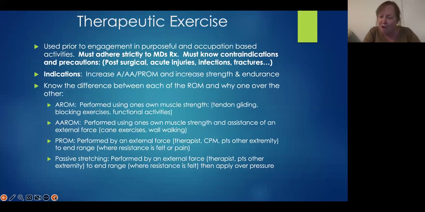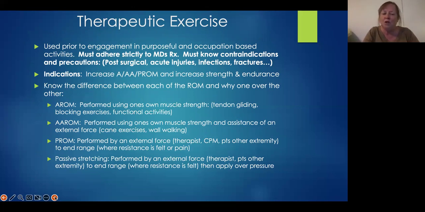Okay, now I'm going to talk a little bit about therapeutic exercise. This is used prior to engagement in purposeful and occupation-based activities. So we just talked about physical agent modalities. Probably following a physical agent modality, the next thing you might do is a therapeutic exercise. You must adhere strictly to the MD's prescription.